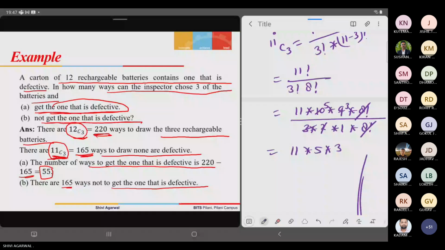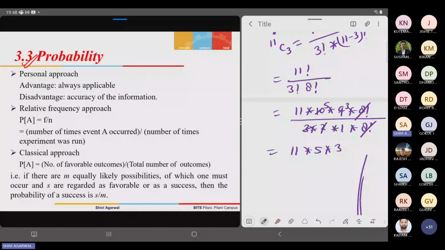Now come to the probability. First is the personal approach, where anyone can say anything. It is based on the expertise of that person. That's why they say there is no authentication of it, no mathematics involved. You can make a statement according to your view, your perception, or your expertise.